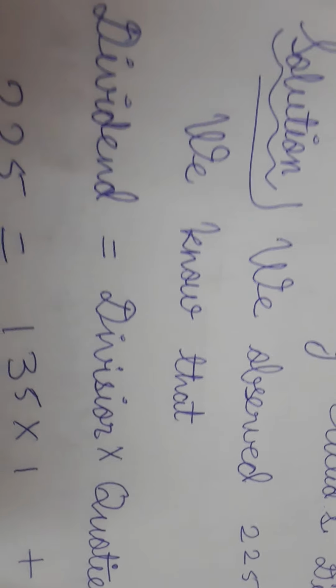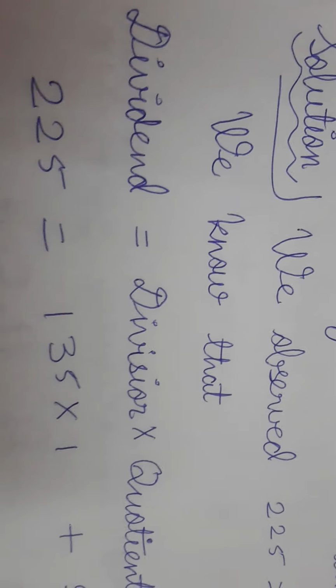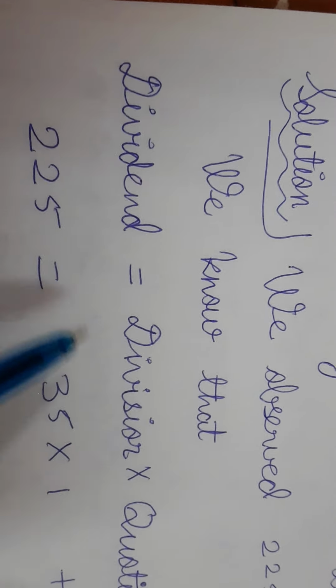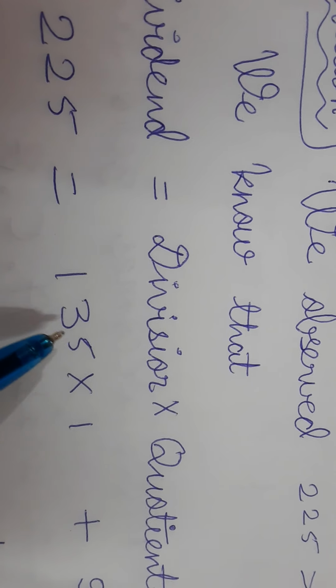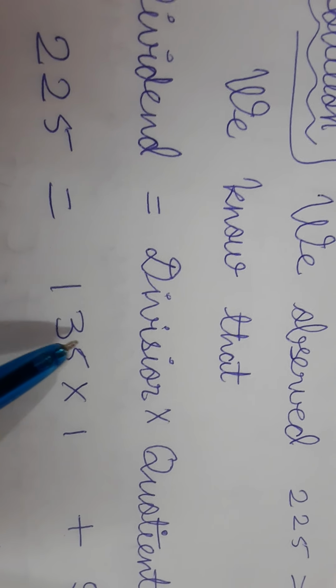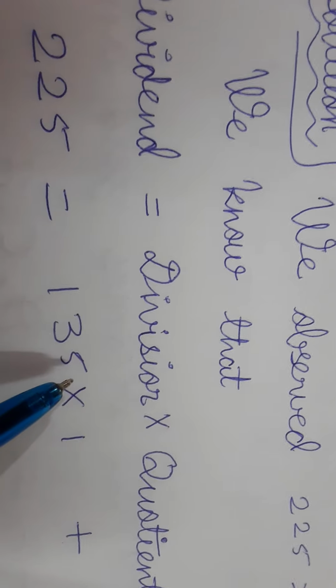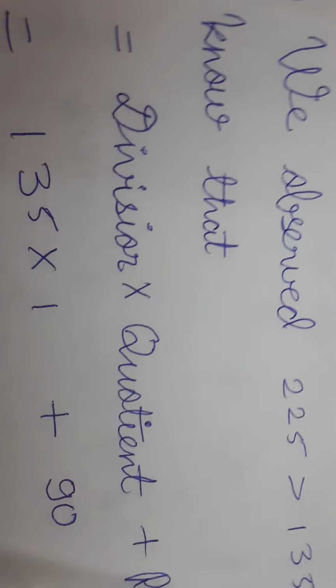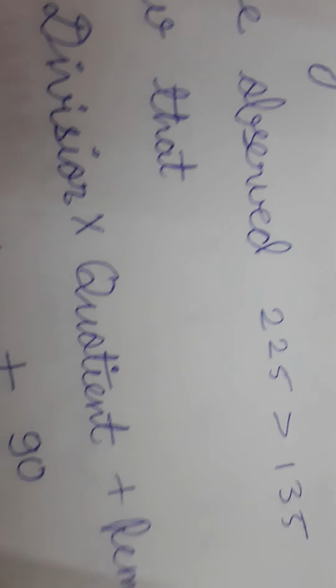So we will consider the higher number, that is 225, as dividend, and the lower number, that is 135, as divisor. Now we get the value of quotient and remainder. Let us see.